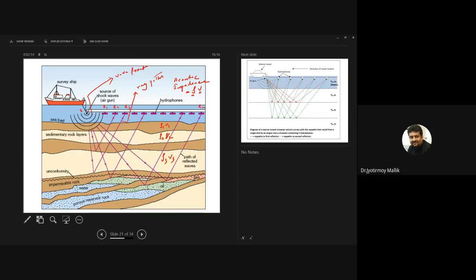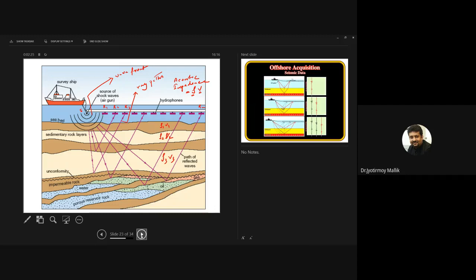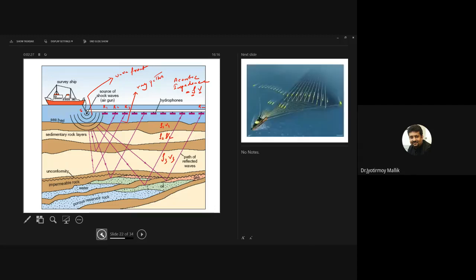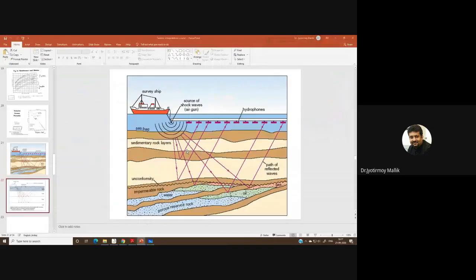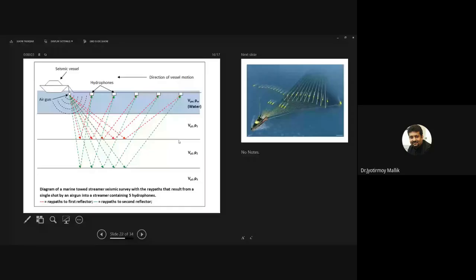And once it is received by the receptors, it is actually processed.